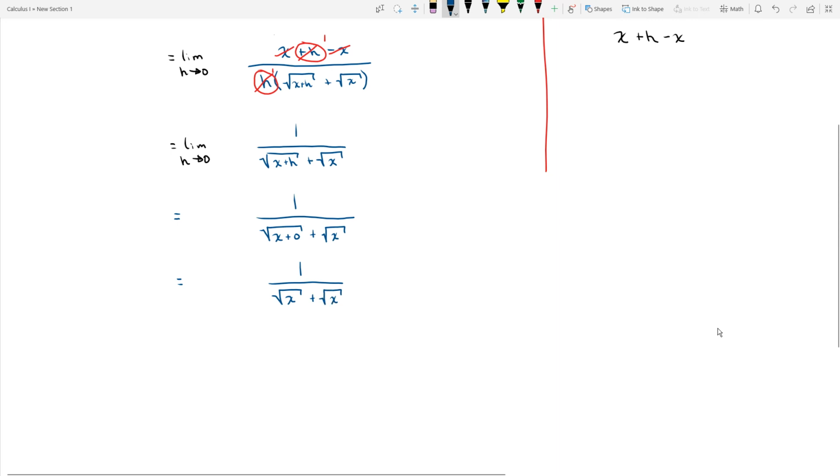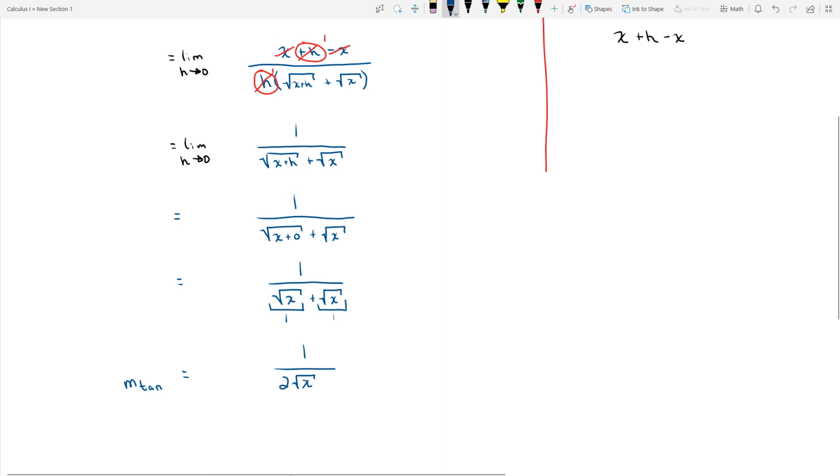And another way to write that is any value plus the same value, so there's 1 plus 1. So we can call that 1 over 2 times the square root of x. And that is our slope at any given point, x.